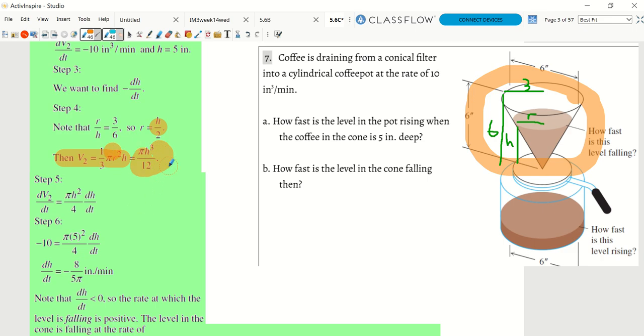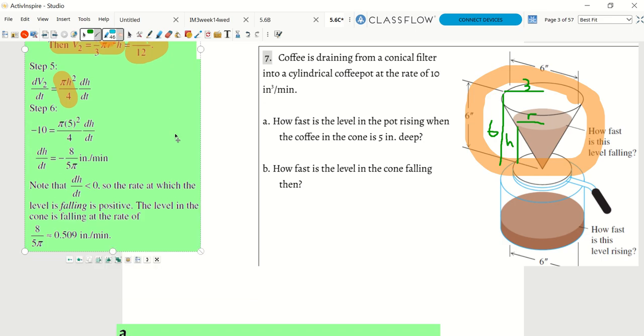Now we take the derivative of both sides, and we end up getting this with an h prime and a V prime. Then we plug in dV/dt, which is negative 10 because it's dripping out of the cone, not positive 10.